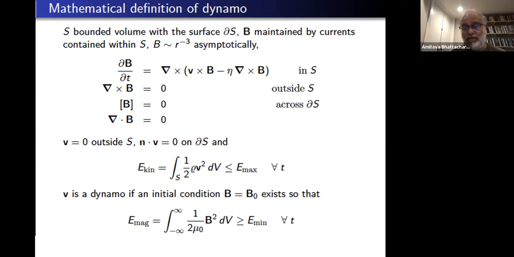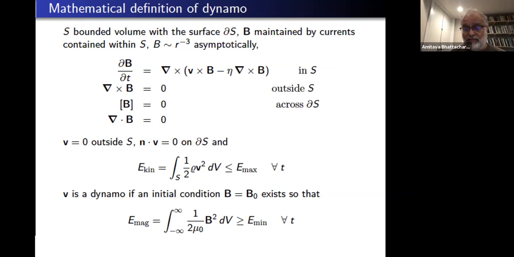If I give a velocity field, how does my magnetic field behave? I call that problem the kinematic problem. It's not the fully self-consistent or dynamic problem, because there what you're assuming is that your velocity is prescribed and the B that you are generating is not strong enough to change it.